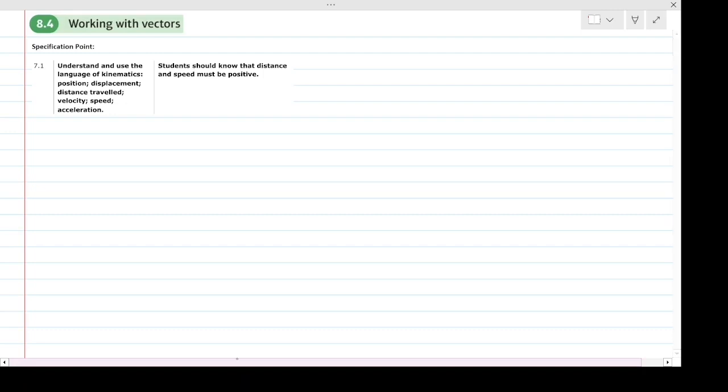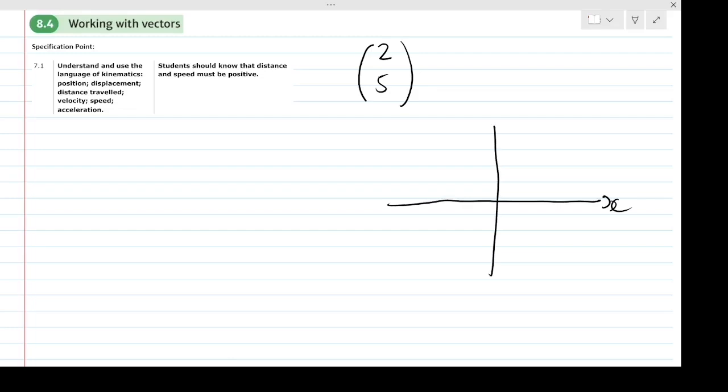So firstly, think back to GCSE. Maybe you'd be familiar with column notation. So let's say we have (2, 5). Now as a vector, if we were to plot this on an XY grid, 2 is the X part, so that'd be 2 on the X axis, then 5 will be the Y part, so 5 on the Y axis there.